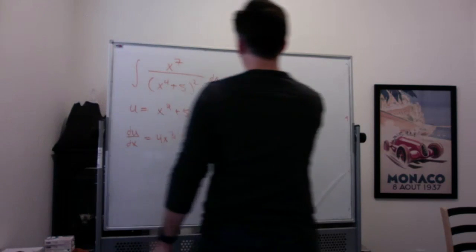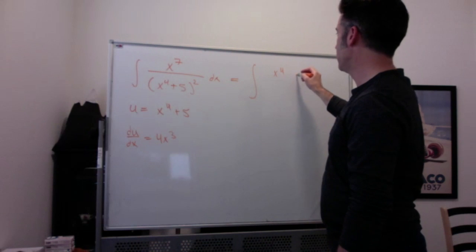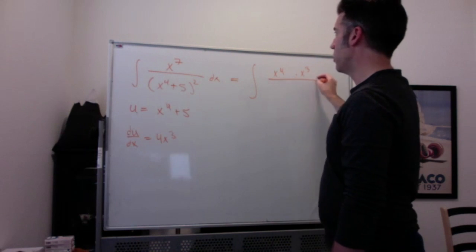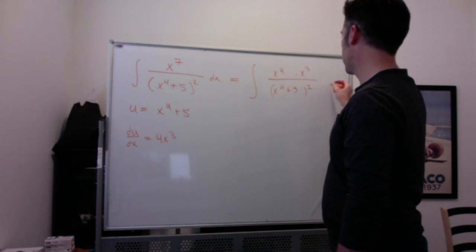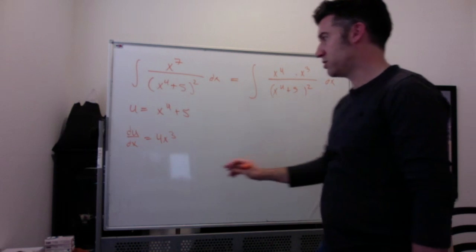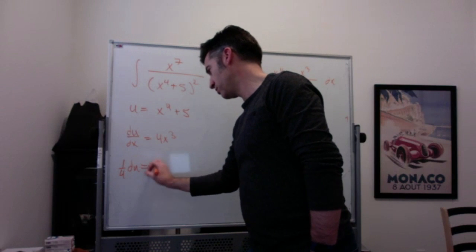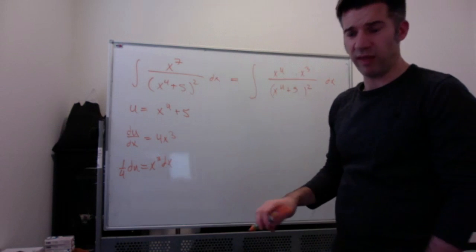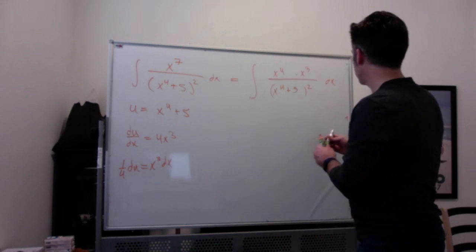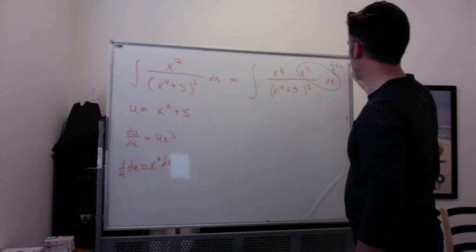I can totally write that as the integral of x to the 4th times x cubed over x to the 4th plus 5 squared dx. So my 1/4 du equals x cubed dx, there's still a place for that. That's my 1/4 du right there.